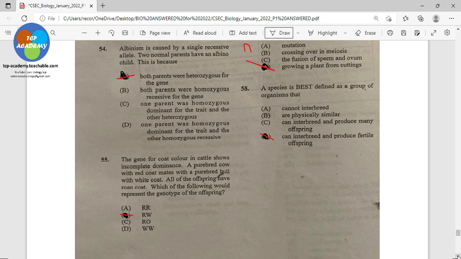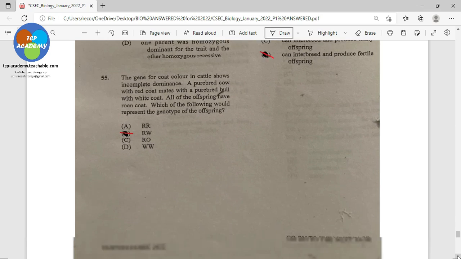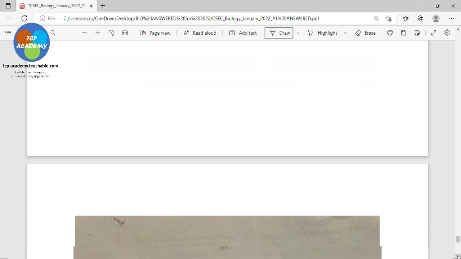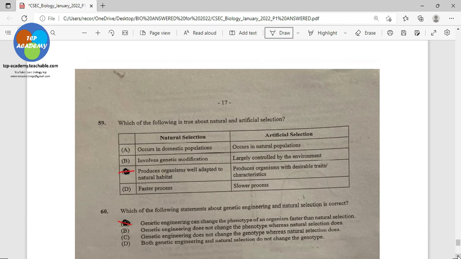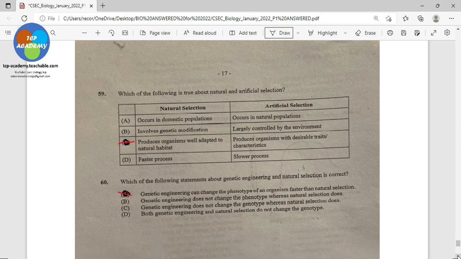So we move on to the other question, and the other question is an old question, and the answer there is going to be C. Remember, you can pause the video to read as you so desire. Number 60, I think, is a new question. Which of the following statement about genetic engineering and natural selection is correct?